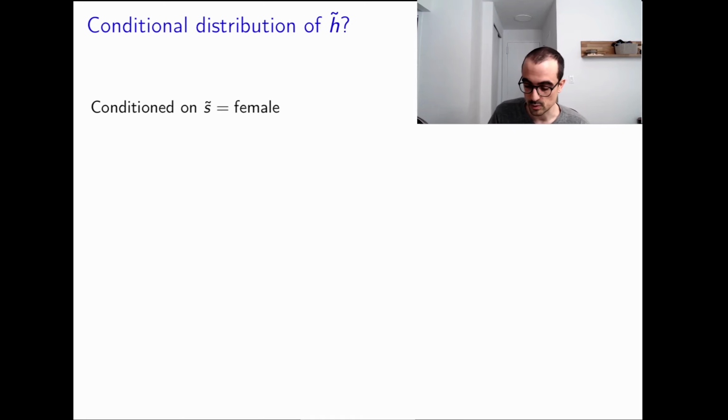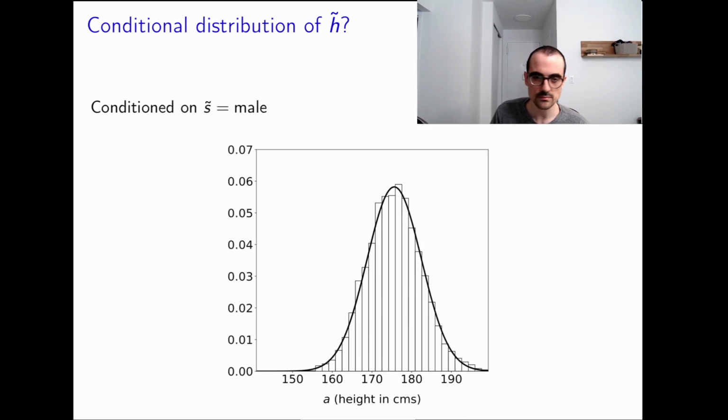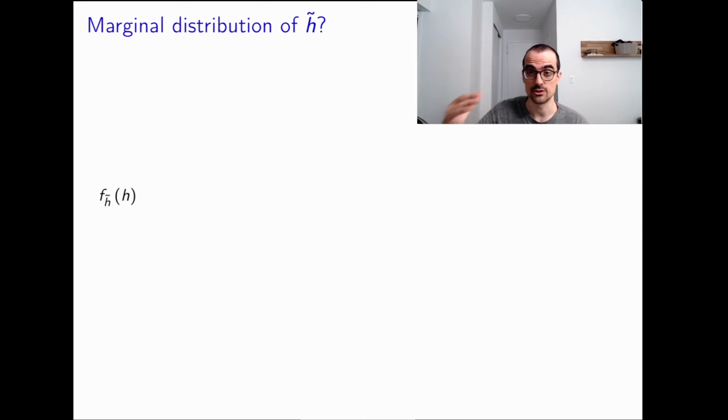And then we can put it all together. Oh, sorry, let me show you first the conditional distribution of height conditioned on female, and conditioned on male. Okay, so pretty good. It's a pretty good fit. Now, what if I want the marginal distribution of the whole height? We did this again in the video on Gaussian discriminant analysis. The idea is very simple. You just take a sum of the two conditionals weighted by the corresponding probabilities.